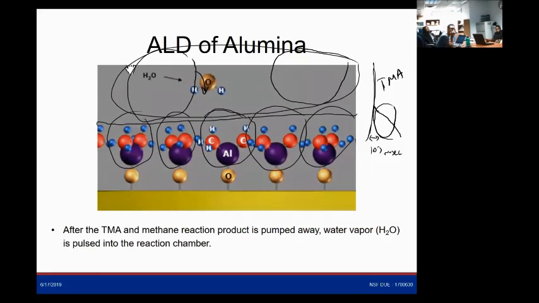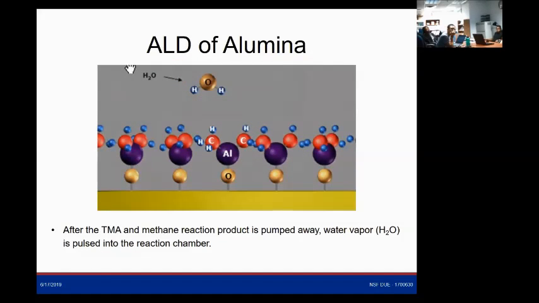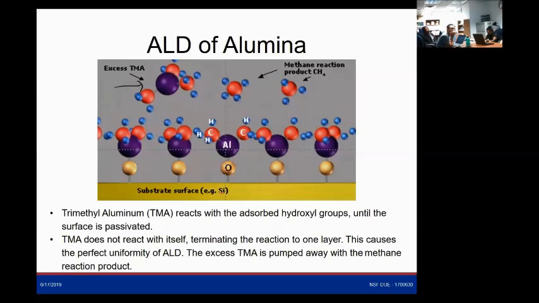Now, in the next round, you send your next precursor, that's going to be water vapor, only after making sure that you purge the old, unused TMA away, okay? Makes sense? They all go away, you wait, you purge them away. You have to wait. This can take up to 10 seconds or so, easily.